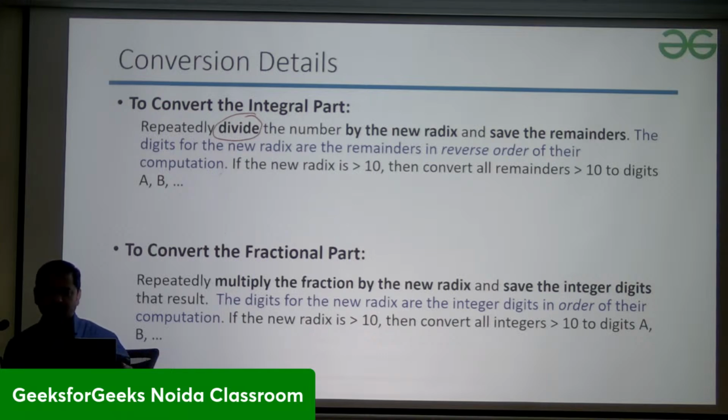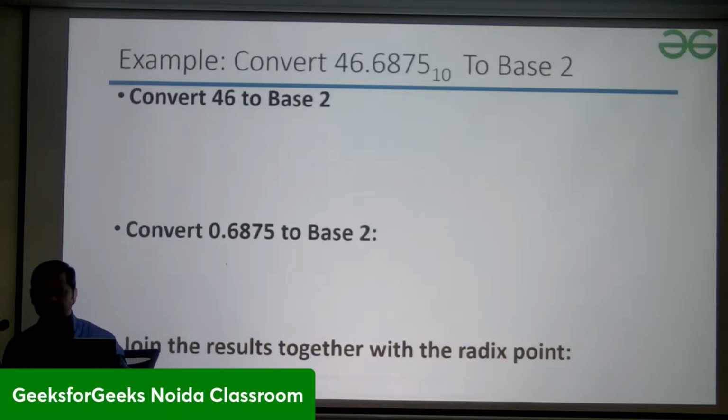Okay, and multiply the fractional part by the new radix. Okay, and every time store the integral part. All right, for the integral part you have to store the remainder terms. For the fractional part you have to multiply and store the integral parts of that particular multiplication result. Okay, repeat this particular process.